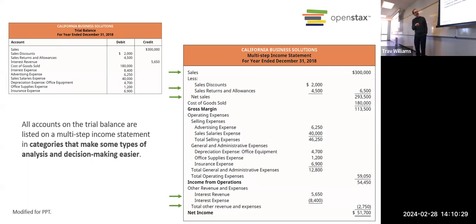So we take our gross margin, which is our revenue minus our cost of goods sold. So basically that's telling us how much profit have we made just by taking our sales and subtracting the cost of our products before we get into all these other expenses. Okay, so that's what our gross margin is.